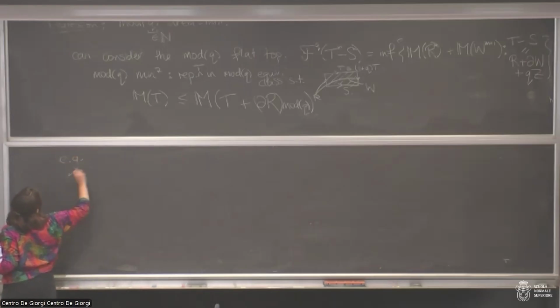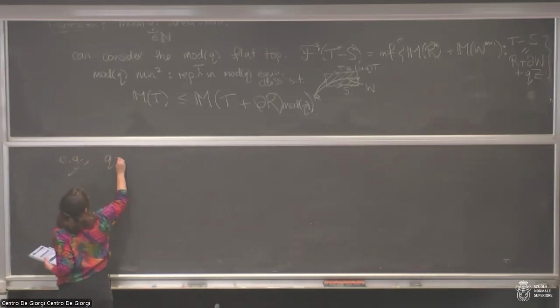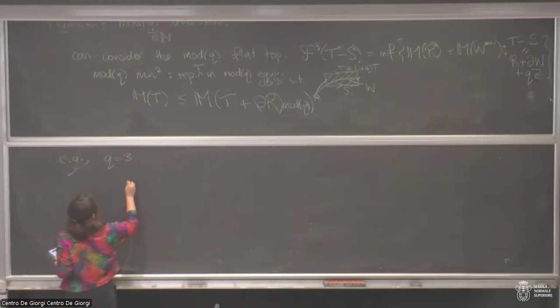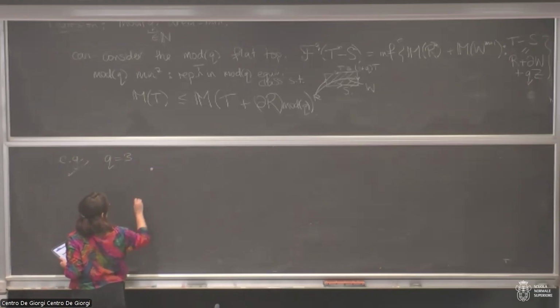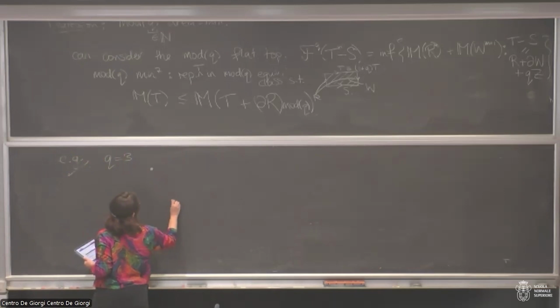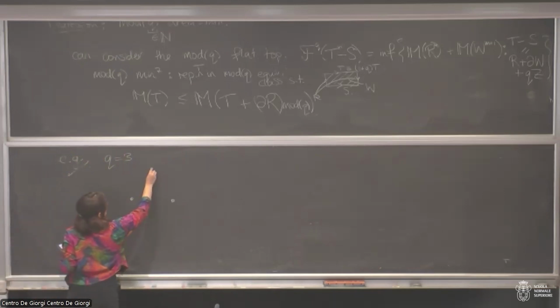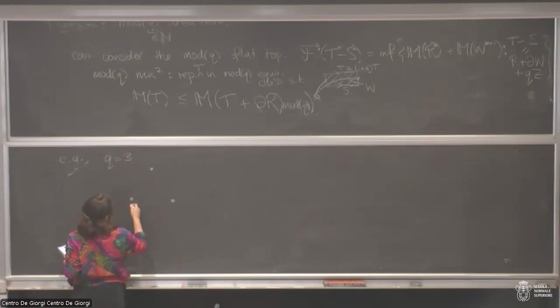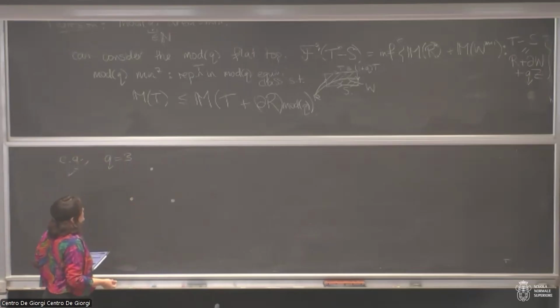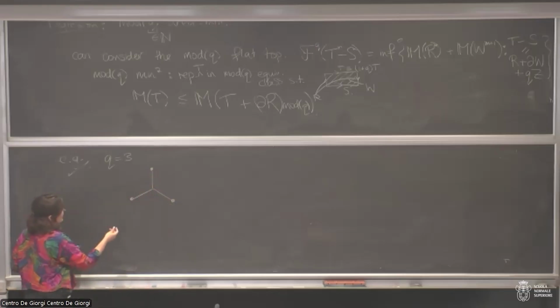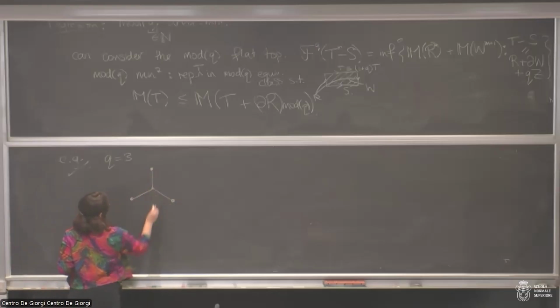Examples. The most basic one: if you look mod 3, you take your boundary to be three Dirac masses, and then the minimizer mod 3 with this boundary is going to be precisely the triple junction. The reason for this is that you're not introducing any extra boundary mod 3 here.